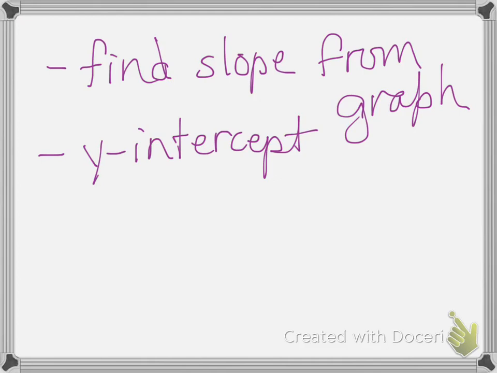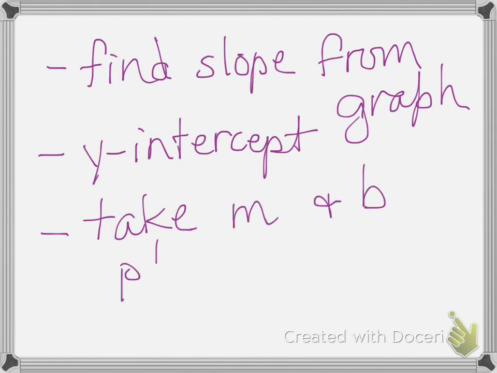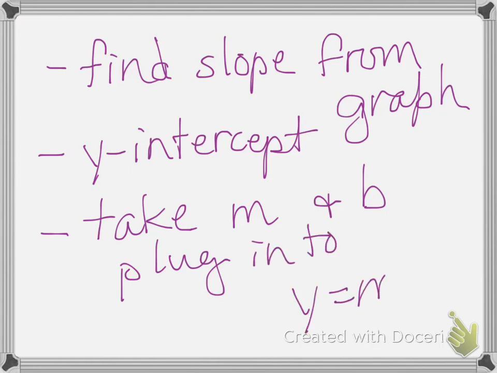So we count to that. Remember, anything above the x-axis is positive, anything below the x-axis is negative. We now need to take the slope and the y-intercept and plug into slope-intercept form, which is y equals mx plus b. And that's it.